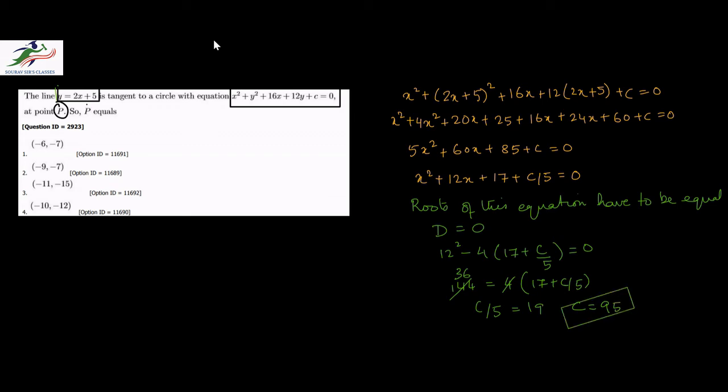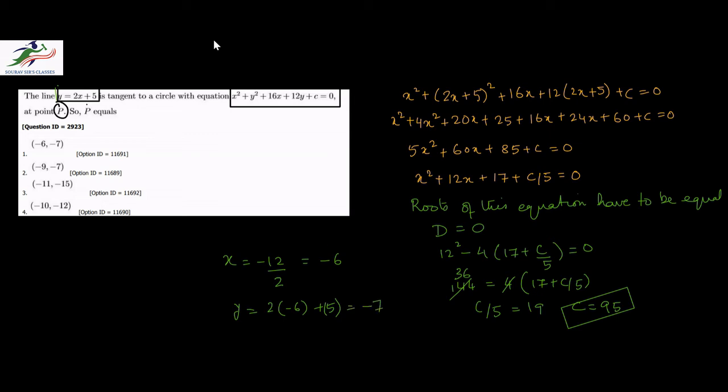So now we got the value of c, and therefore the roots of the equation would be equal, and the roots would be x equal to minus 12 by 2. So that is equal to minus 6, and the value of y would be 2 into minus 6 plus 5, or this would be minus 7.